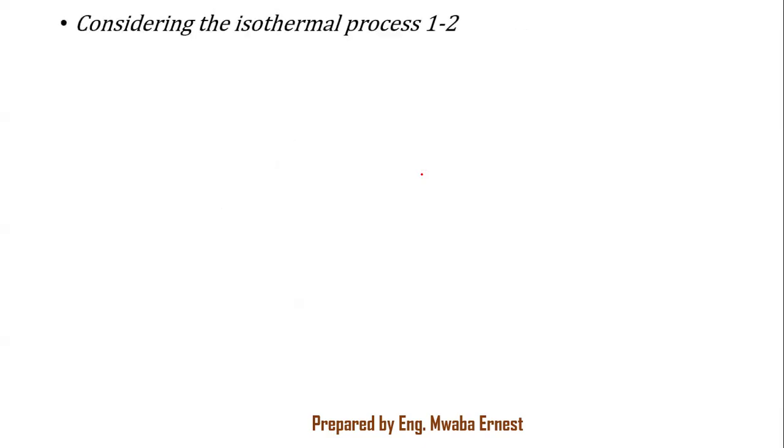Now let's start with considering 1 to 2. Isothermal process. In fact, it's not even 1 to 2. The isothermal is actually 1 to 3, according to the diagram. So we have P1 V1 equals P3 V3. Therefore, we make P1 the subject.